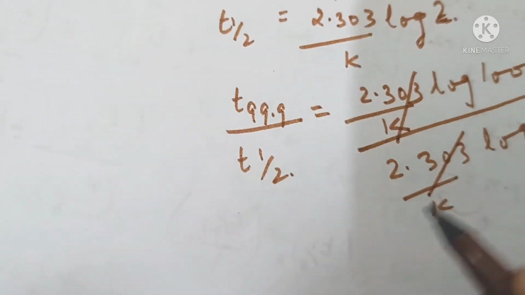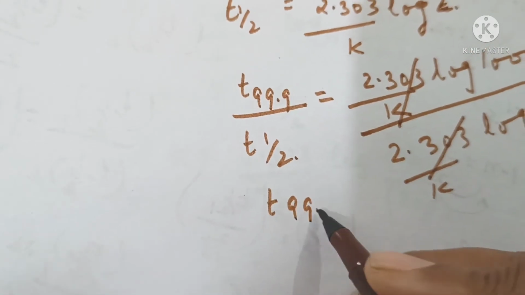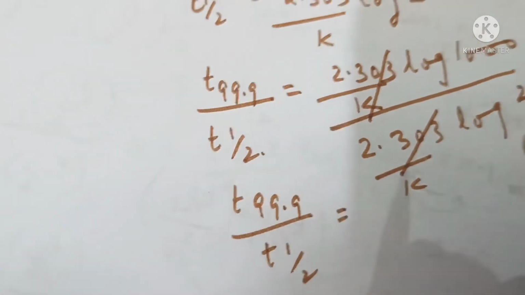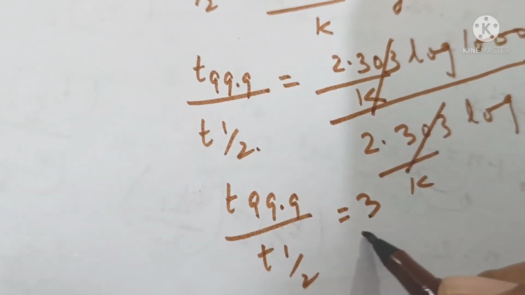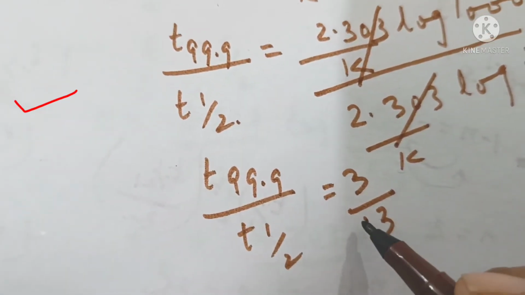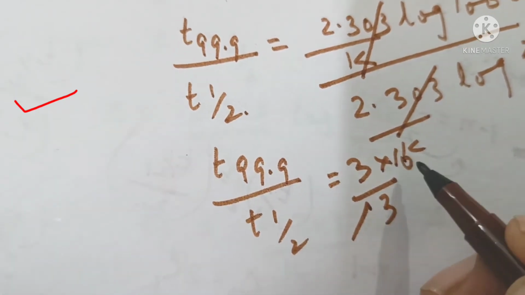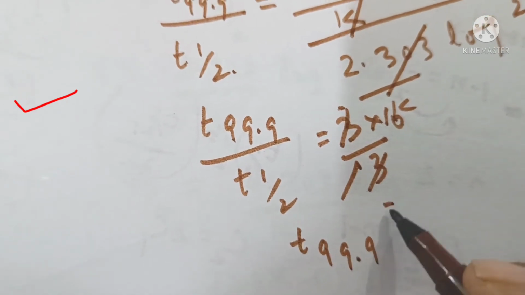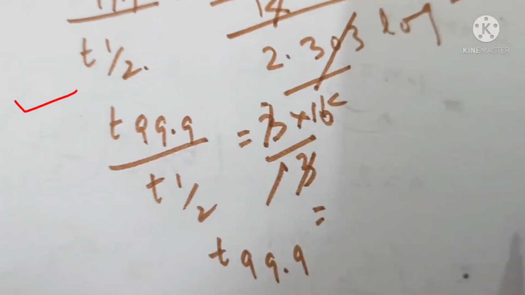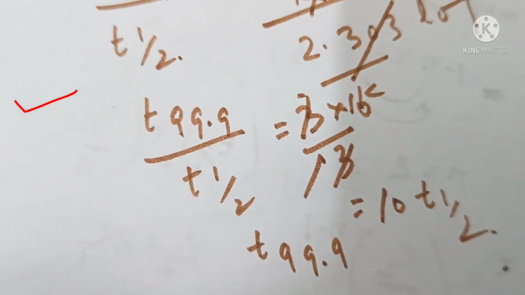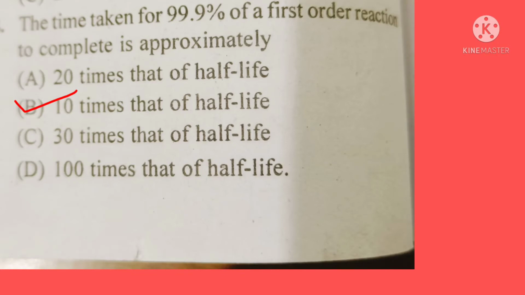This cancels out. We get T 99.9% upon T half is equal to log 1000 is 3 and log 2 is 0.3 approximately. So cancelling, we get 10. So time taken for 99.9% completion is equal to 10 times T half. So option B is the correct answer.